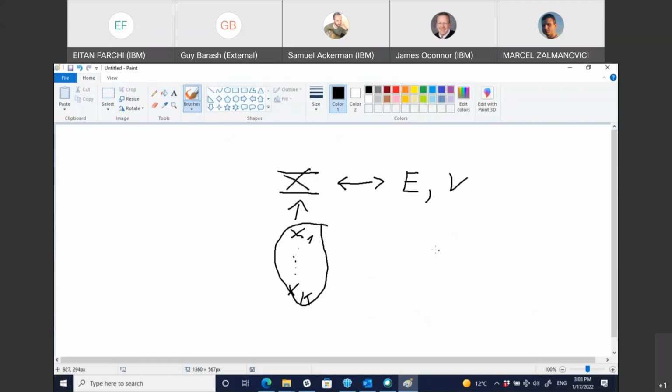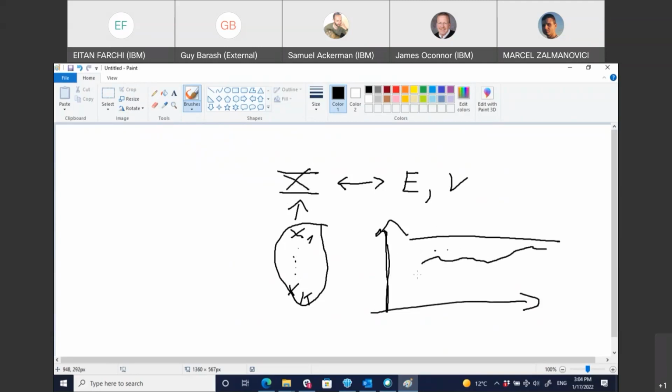So the idea is that if this is the value of the random variable, and this is its fluctuation, you want to control it in some way between some upper limit and lower limit.